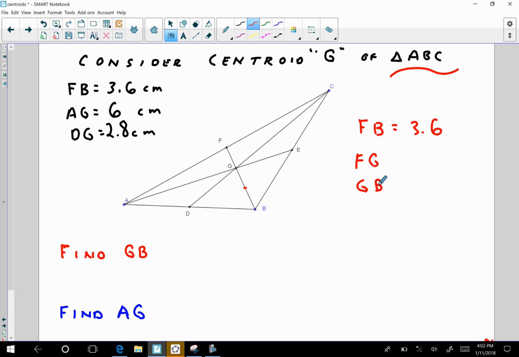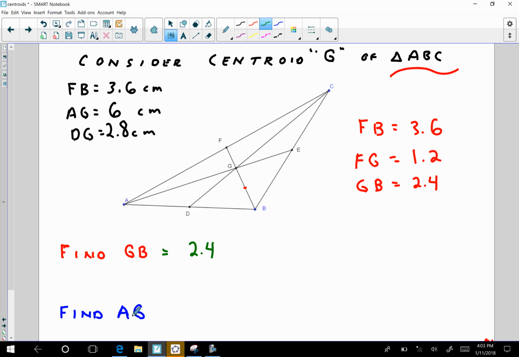By the segment addition postulate, FG plus GB must equal FB. FG is going to be 1/3 of 3.6, which is 1.2. And GB is going to be 2/3 of 3.6, so GB would be 2.4. That answers my first question: GB is 2.4.